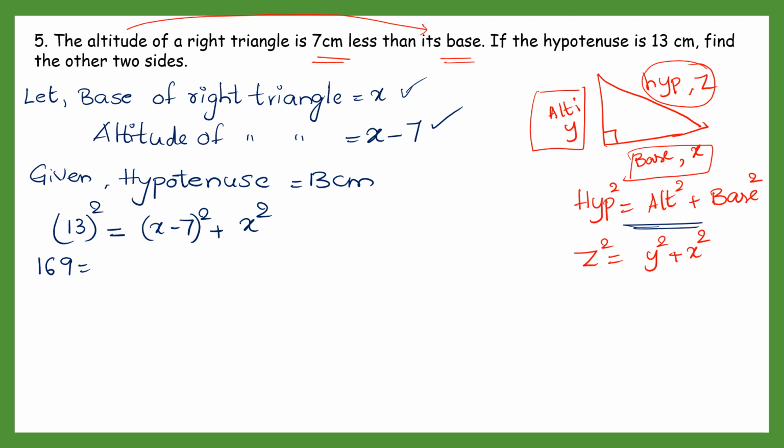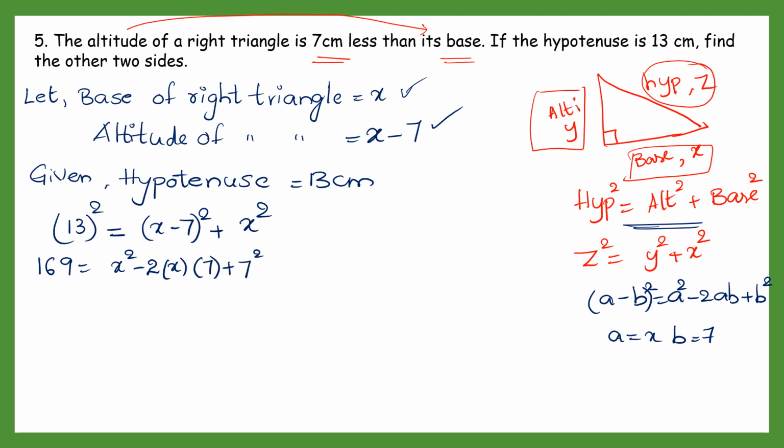13 square is what? 169. x minus 7 whole square: we know the formula, a minus b whole square is equal to a square minus 2ab plus b square. Here a is x, b is 7. So you should write a square, x square, minus 2ab, 2 into x into 7, plus b square, 7 square.